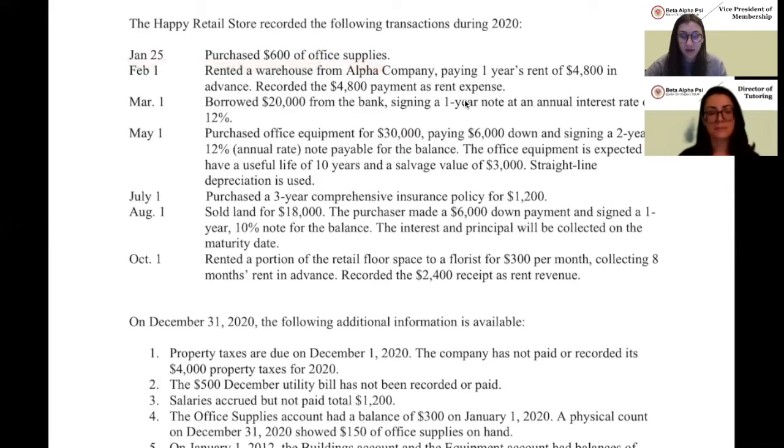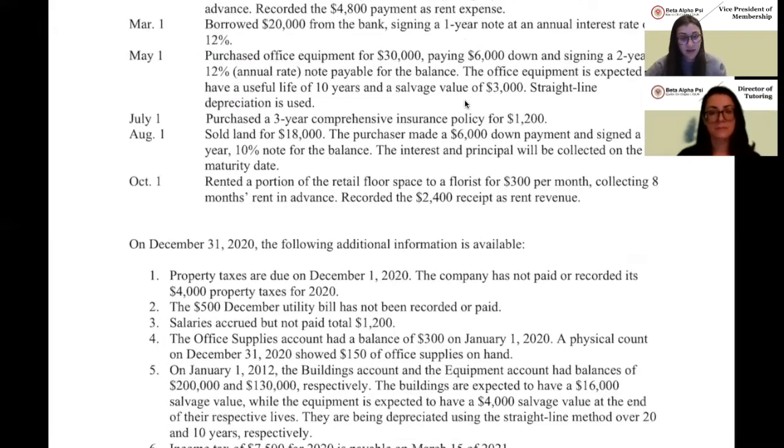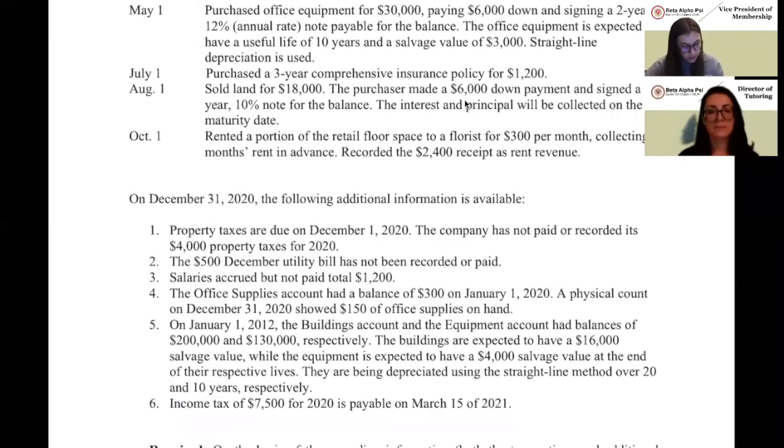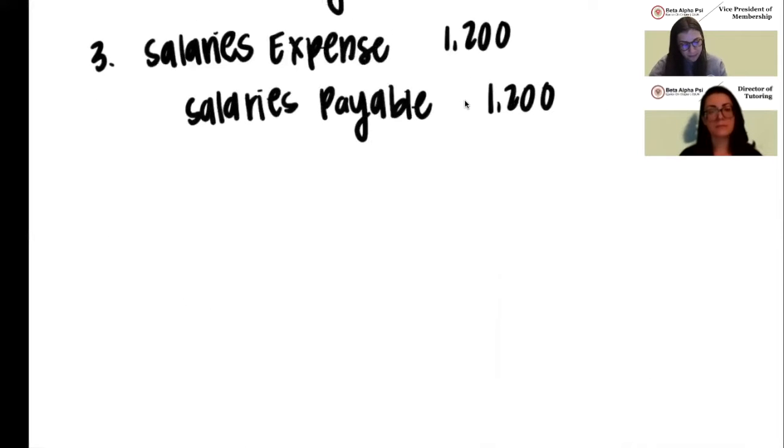We bought $600 worth of office supplies. And then at the end of the year, we only had $150 left. So the adjusting journal entry for that is going to be how much we've used. If we had a certain balance at the beginning of the year and bought some during the year, and then also had a different balance at the end of the year, there's an adjusting journal we have to make for the supplies used. So first, let's figure out that number, and then we'll do the entry.